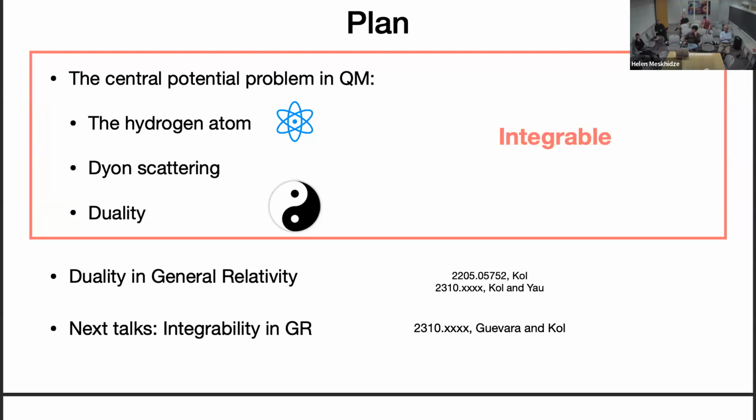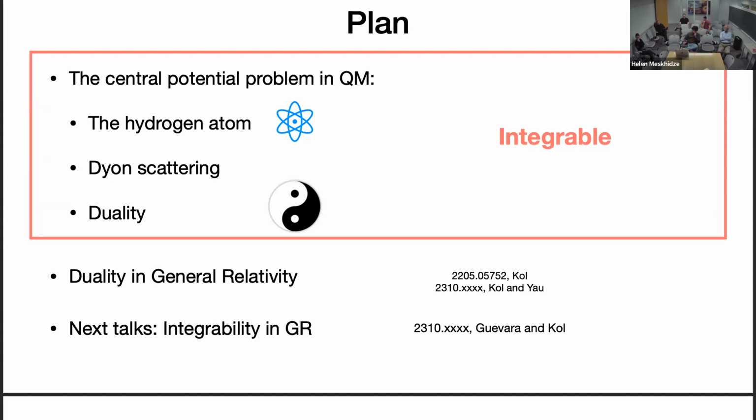The new results will be about how we can realize duality, similar to electromagnetic duality, in general relativity, and that, in my mind, will open up possibilities in the future to use some non-perturbative techniques, as I mentioned before.